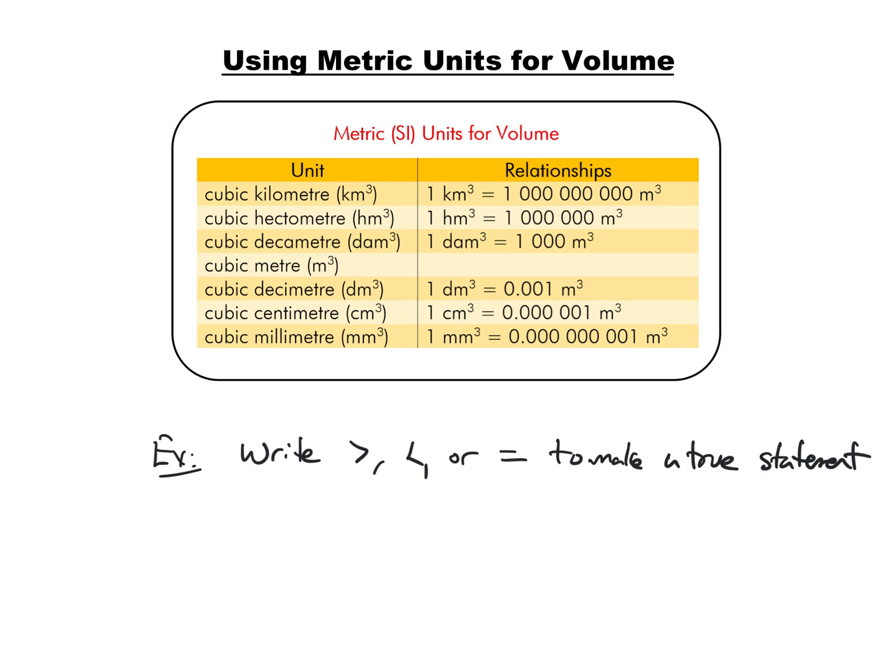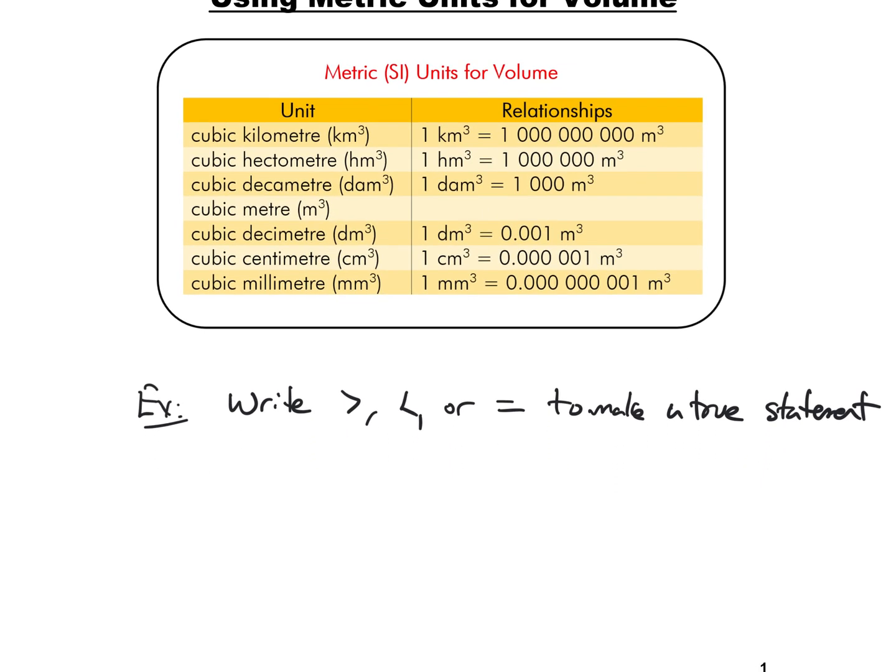The question here is 2.5 hm cubed and 250,000 meters cubed. And what do we put in the box to make that true?